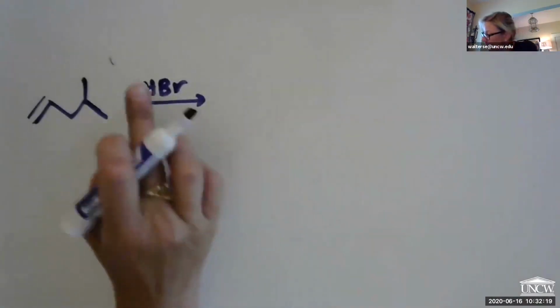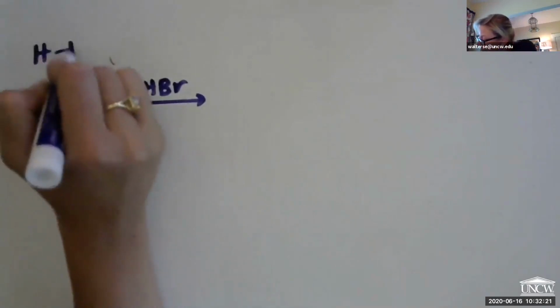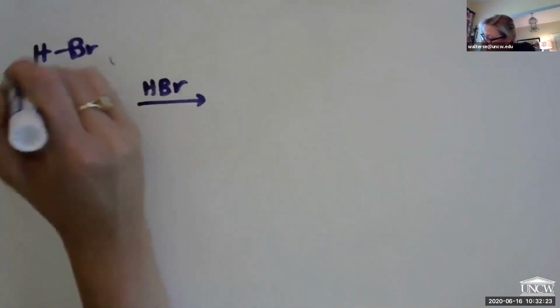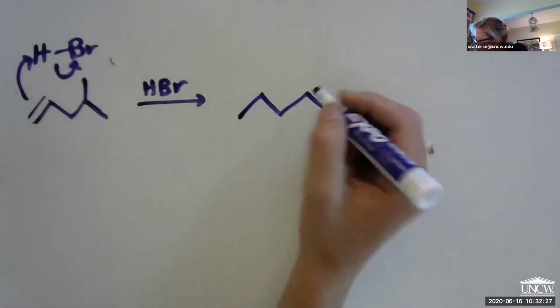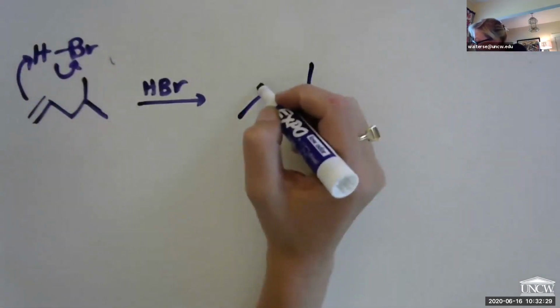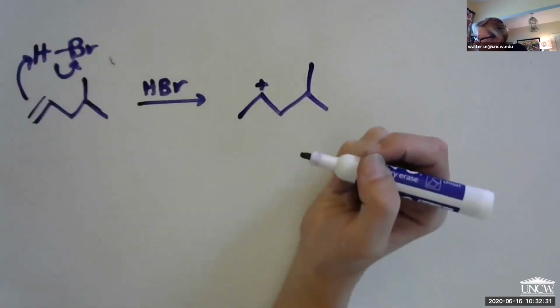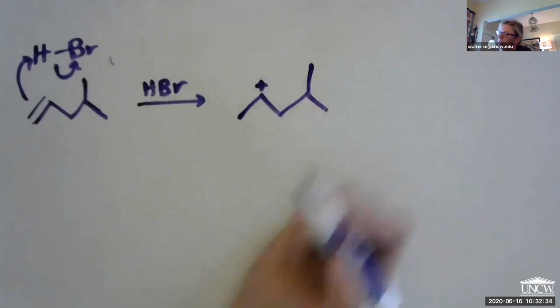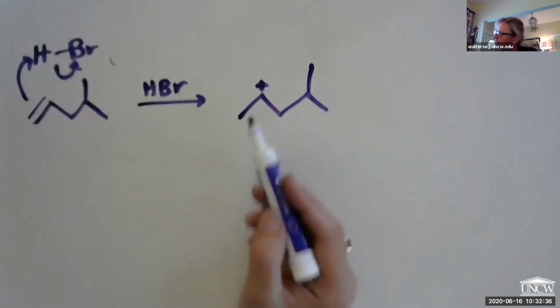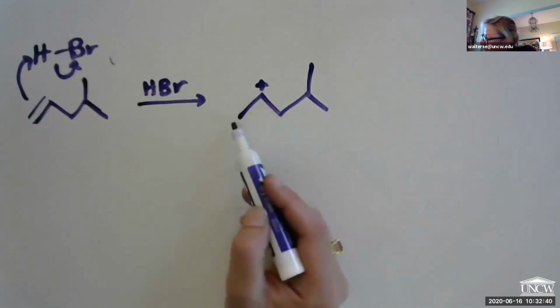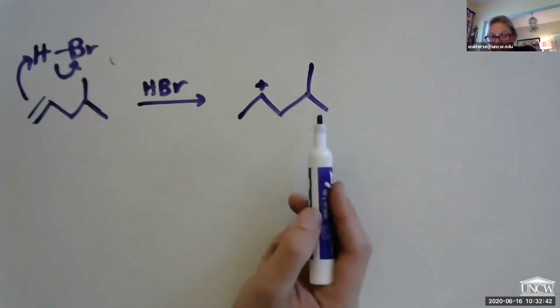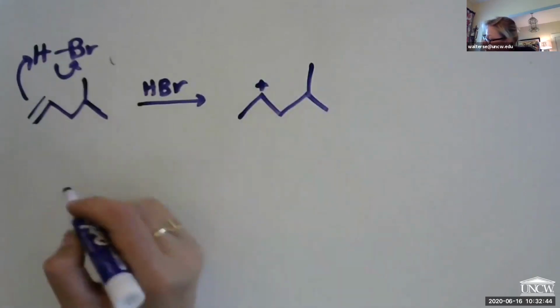Okay, so this is your secondary carbocation. This carbon is secondary, this is primary. So this carbocation is not going to rearrange.